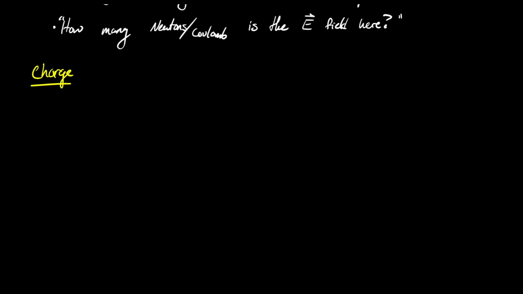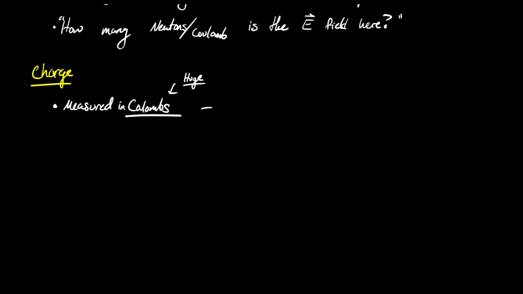Since we were doing so much conceptual, I didn't really tell you much about units. So one quick note is that charge is measured in coulombs. That's the unit of charge. And 1 coulomb is an absolutely astronomical amount of charge.